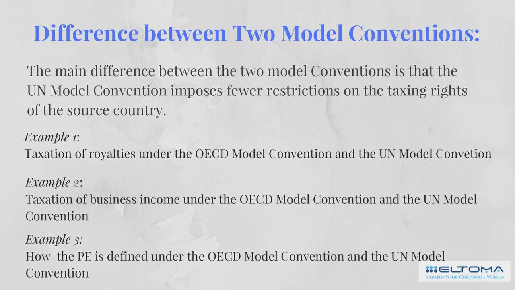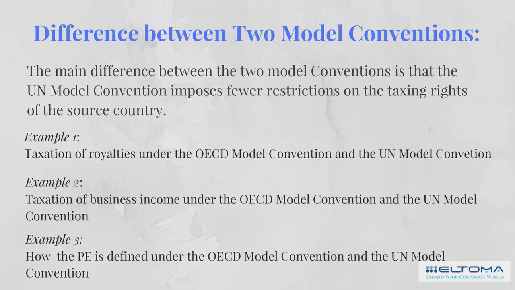Let's consider a few examples. Example number 1. Article 12 of the OECD Model Convention on royalties prevents the source country from imposing tax on royalties paid by a resident of the source country to a resident of the other country. The United Nations Convention, in comparison, does not have such a restriction.